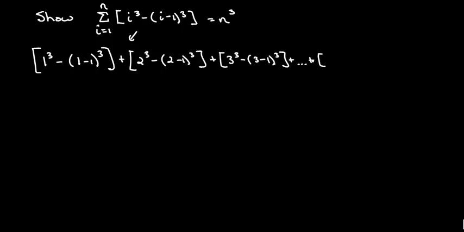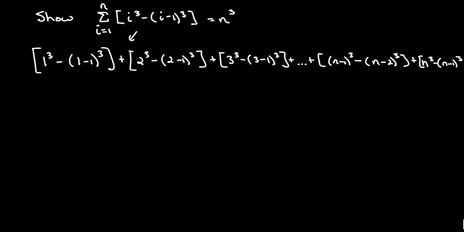Let's go n minus 1. So that'd be n minus 1 to the third minus n minus 1 minus 1, which is n minus 2 to the third. And then, of course, the last one in here is n to the third minus n minus 1 to the third, like that.